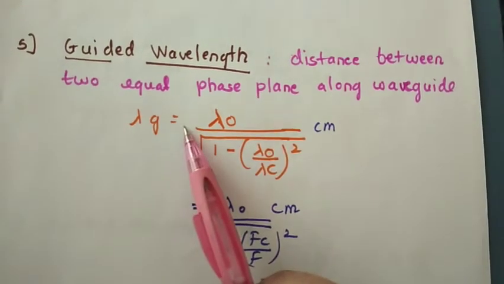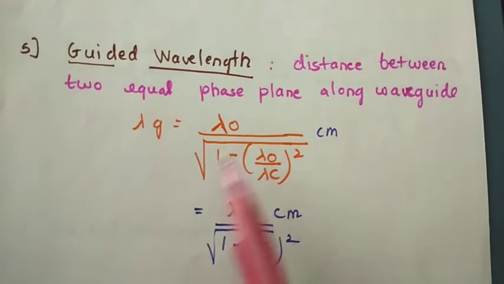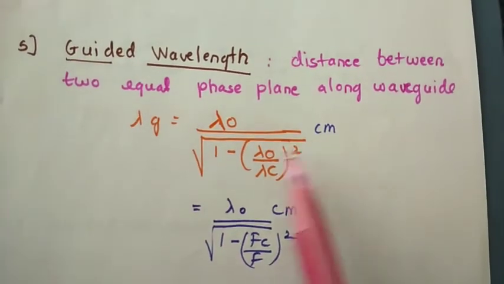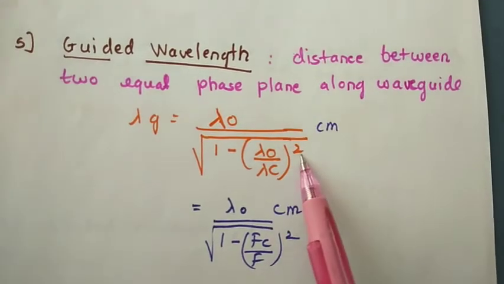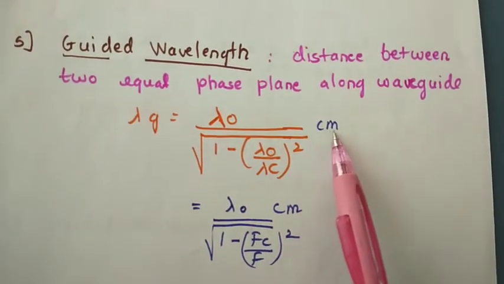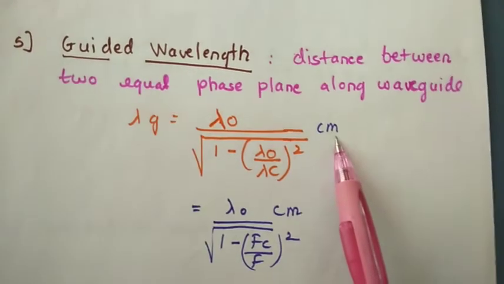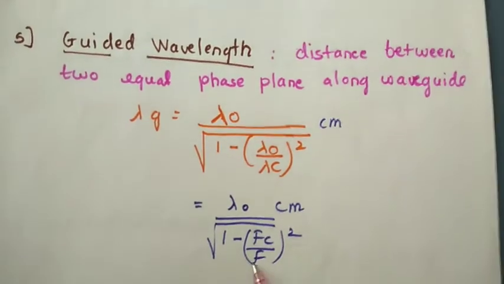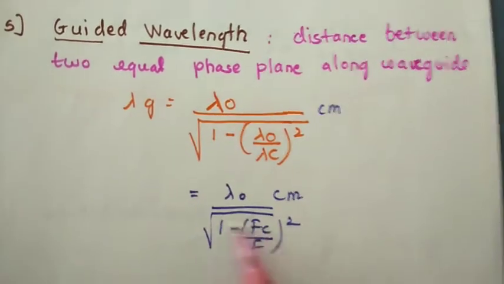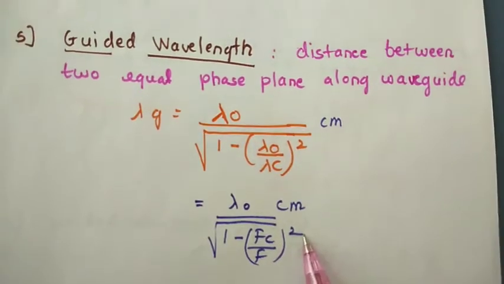So lambda g in terms of wavelength is given by lambda 0 upon square root of 1 minus (lambda 0 upon lambda c) square, and of course the unit is centimeter, or in terms of frequency it is lambda 0 upon square root of 1 minus (fc by f) square.